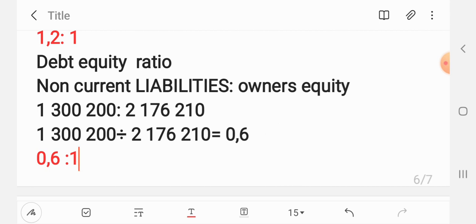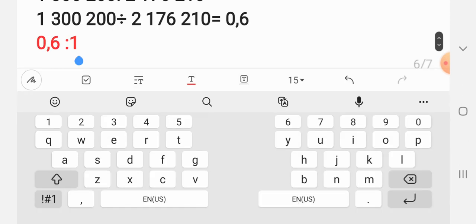So owner's equity is more. There's still a gap between 6 and 10, like there's 4. So we have little debts. Yeah, so it's not really bad.